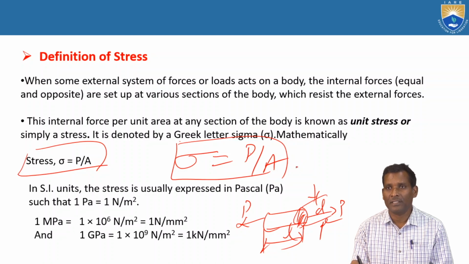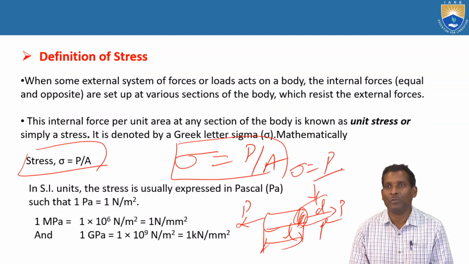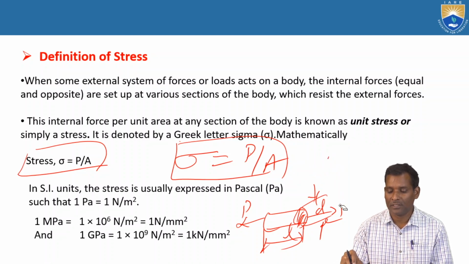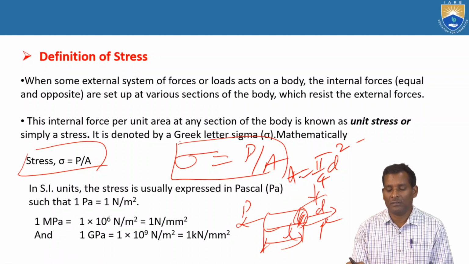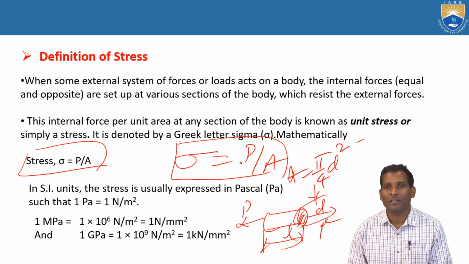How do you calculate the stress? Stress is equal to load per area, so load upon area of the cross section. Here the cross section is circular, so that area is pi by 4 d square. Now substitute this area in this equation and you will get stress.